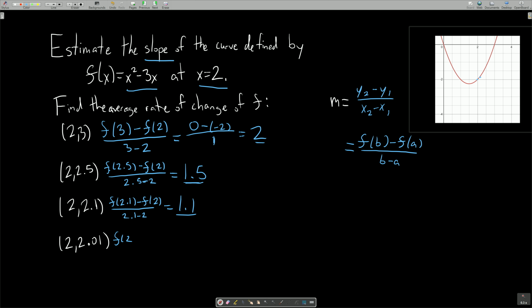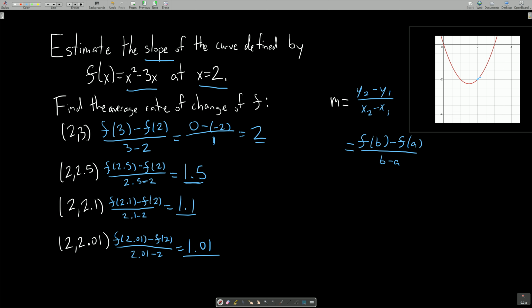Now let's try something with 2.01. Putting that into the calculator will get you 1.01 as a slope between the points at 2 and 2.01, which are really right next to each other.